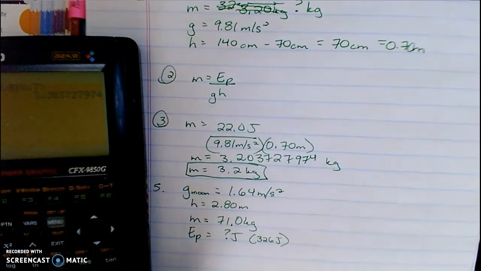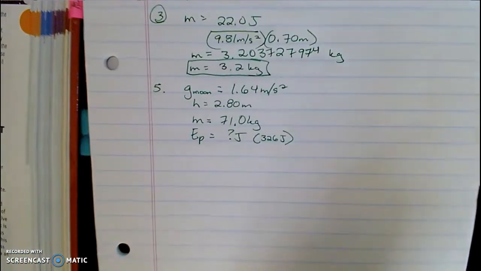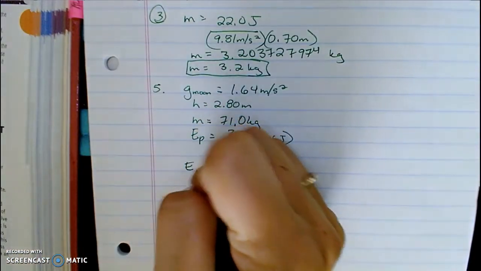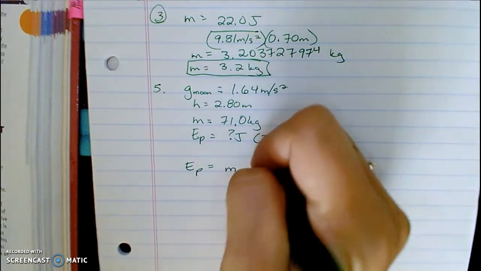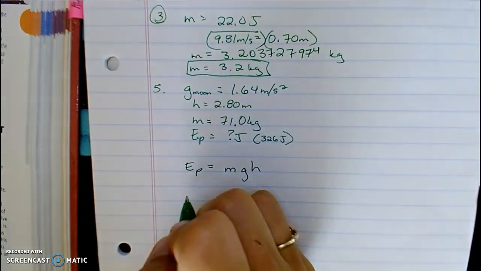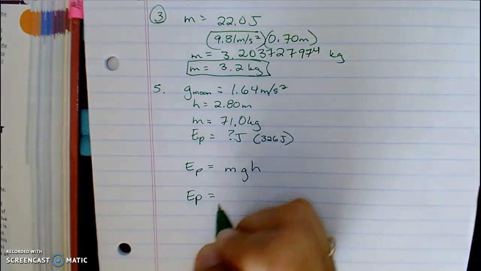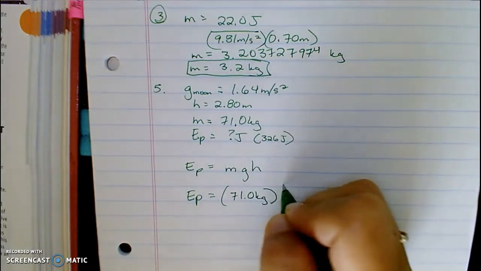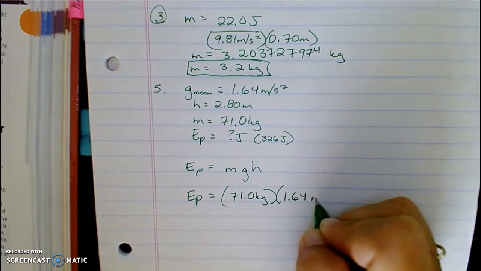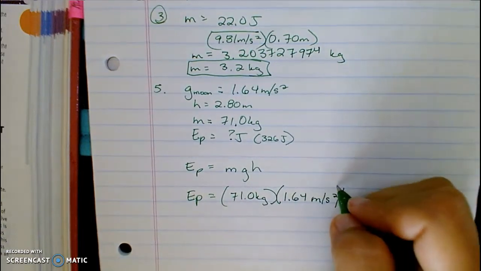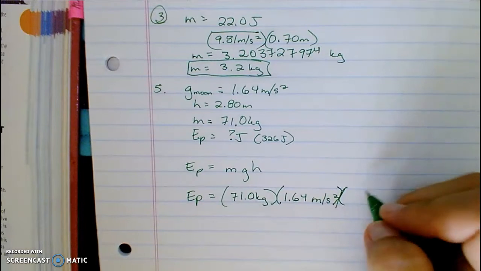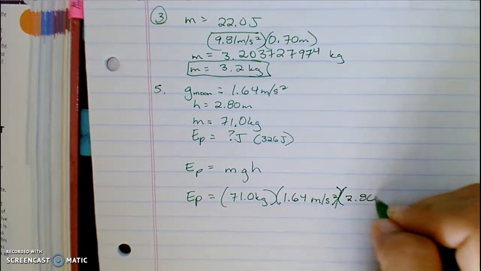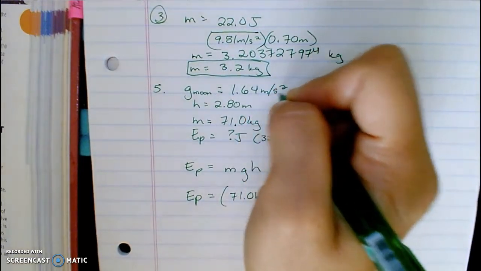Okay, number 5. EP equals mgh again here. Okay, and this is all in meters and kilograms, meters per second squared.